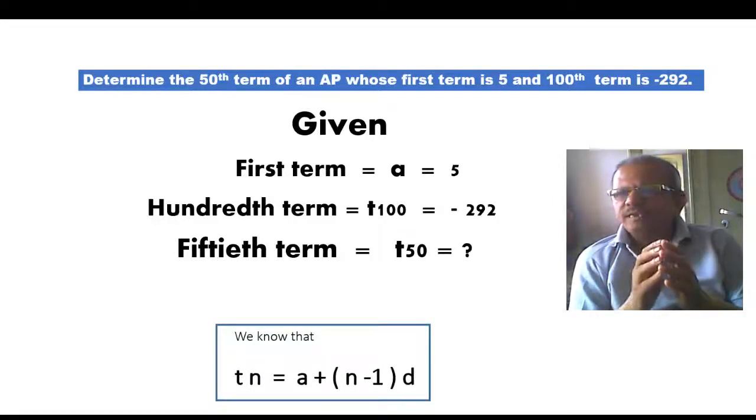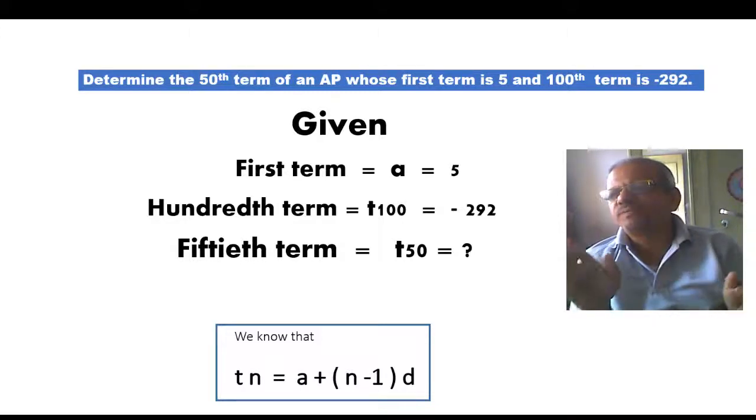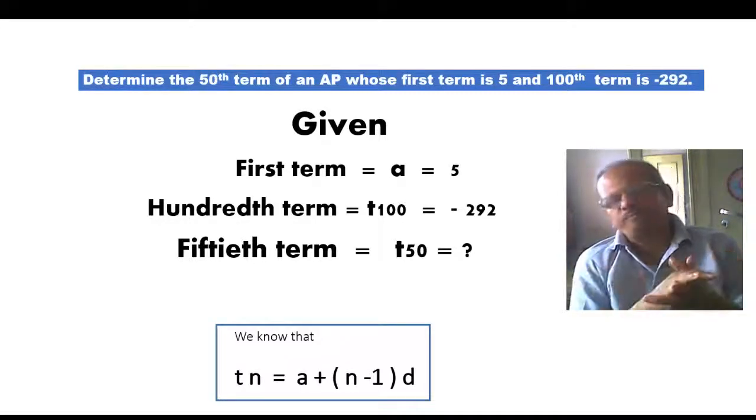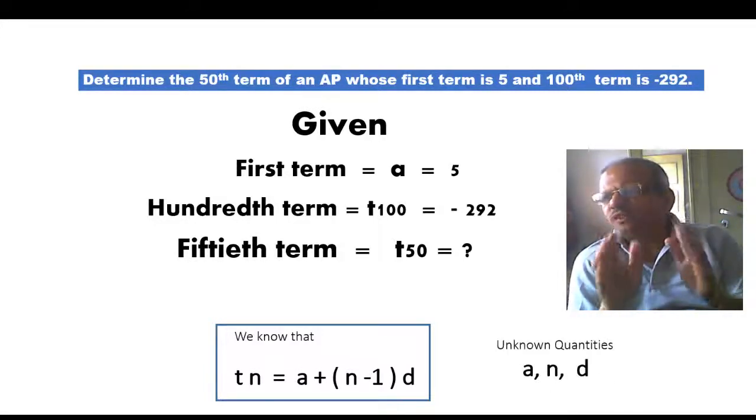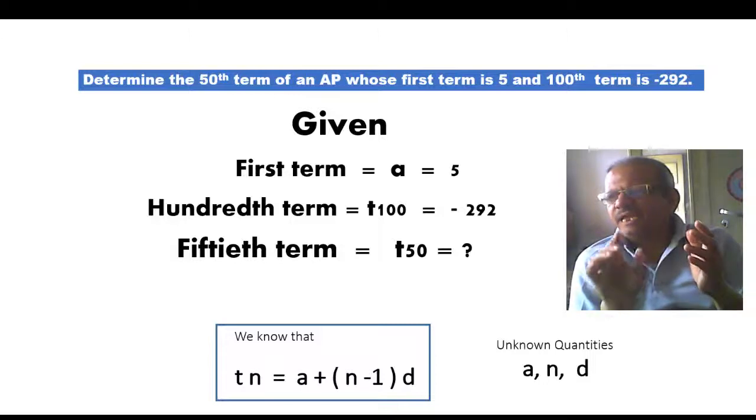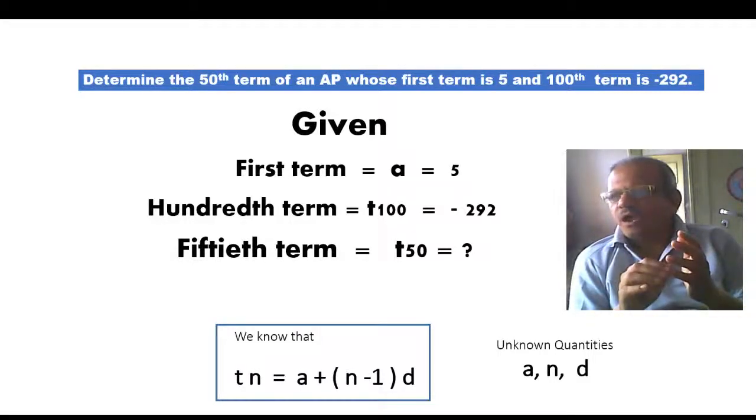Friends, we know that the nth term is calculated by Tn is equal to A plus n minus 1 into D. Here the unknown quantities are A, N and D, out of which A is given to you.